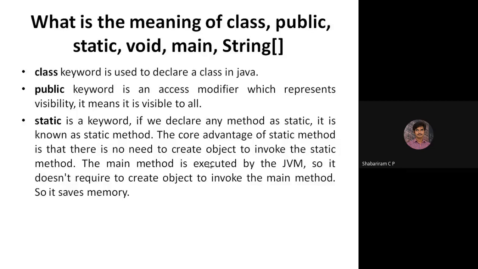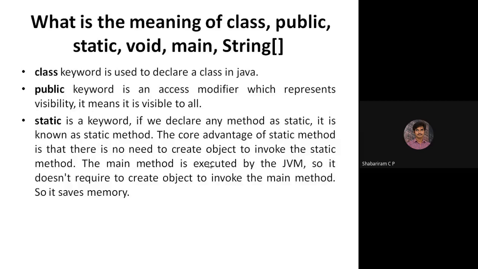The core advantage of the static method is it doesn't require any object. Generally, if you are writing a method inside the class, it requires an object, right? If you are writing a static method, you are allowed to access the method existing inside the class without an object. That is the main advantage of static.